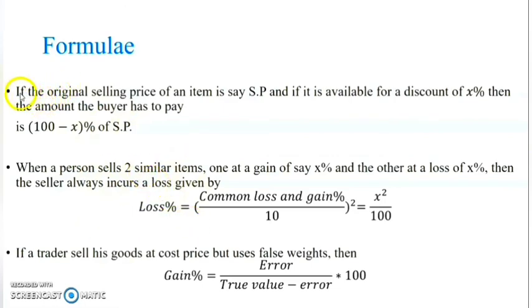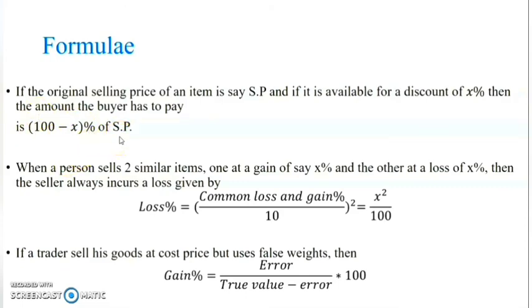So the first formula says that if the original selling price of an item is, say, SP, and it is available for a discount of X%, then the amount the buyer has to pay is (100 minus X)% of SP. What this says is, you don't have to pay 100% of SP, but you have to pay (100 minus X)% of SP.